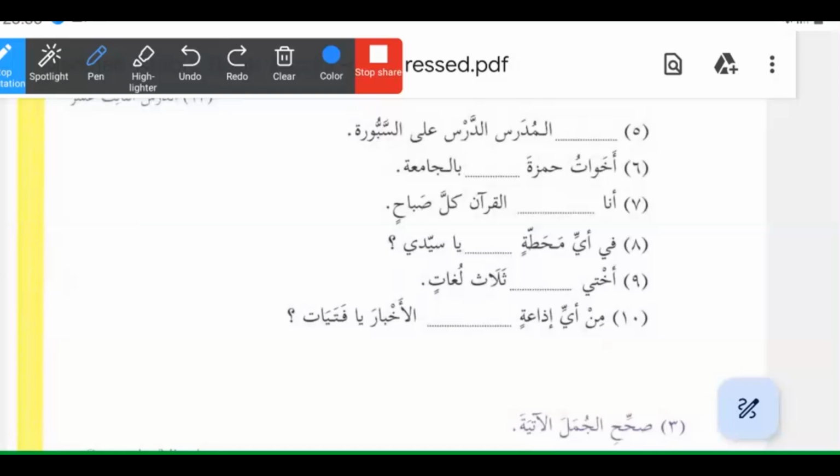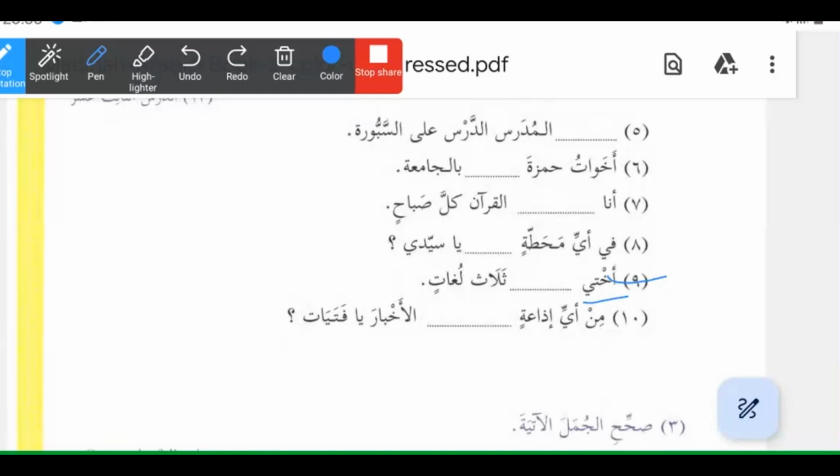أختي ثلاث لغات. Uktun means sister. Ukhti means my sister. Obviously, my sister knows three languages. So we will say ukhti. This is very tricky. This will not be like a second person or third person. Ukhti means I am talking about my sister to someone.